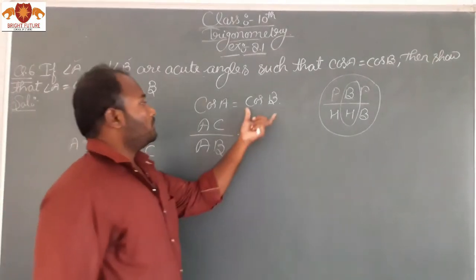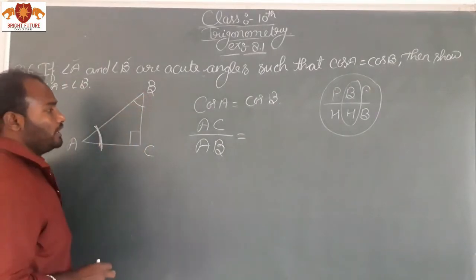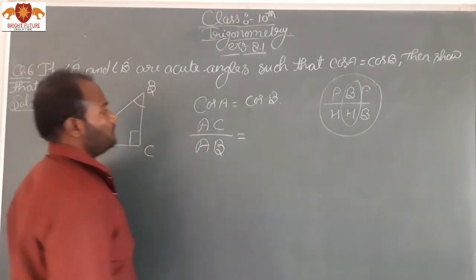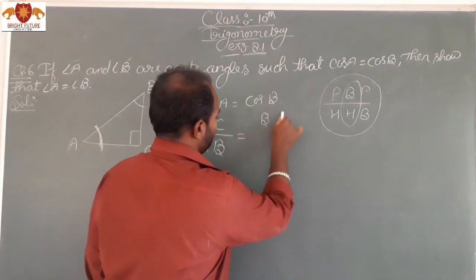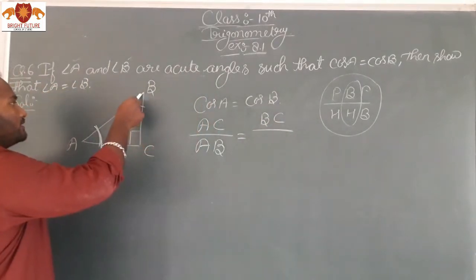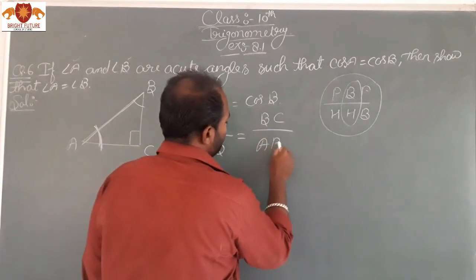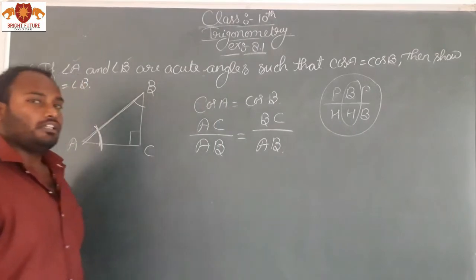Now cos B, according to cos B, what is base? So you will say that sir, BC is the base, and what is hypotenuse? You will say that sir, hypotenuse is AB here, got it? So hypotenuse means AB here, got it student?